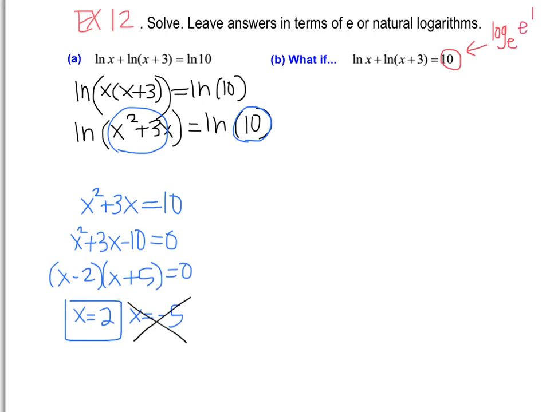So 10 is the same as the natural log of e to the 10th. So I'll rewrite it this way. It's a little easier to see. The natural log of e to the 10th. Remember, those are just inverses of each other. So the ln of e to the 10 is just 10. So ln x plus ln x plus 3 equals ln of e to the 10.